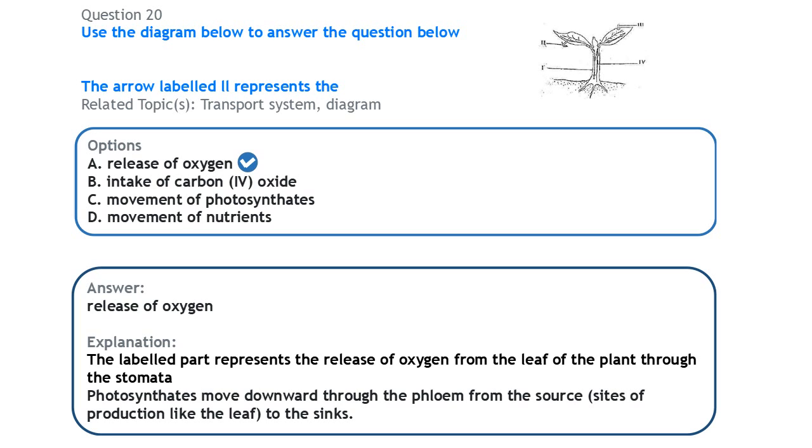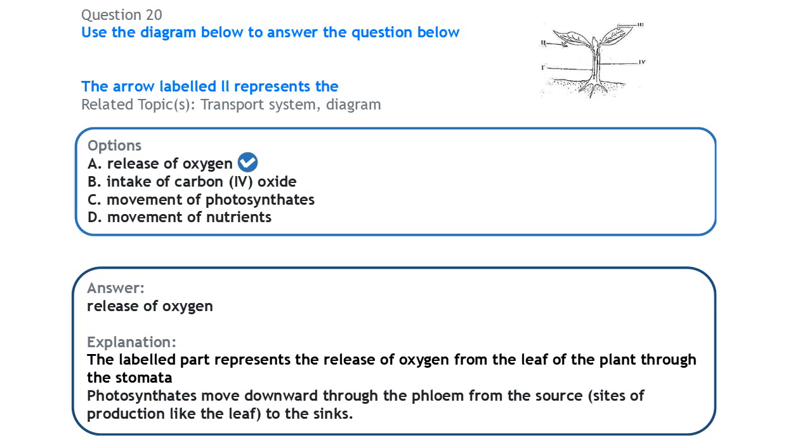Now the part II here, which is the question, you can see the arrow is pointing away from the leaf, or from the plant, meaning that the substance is moving outside the plant. If you look at the options here, that would be the release of oxygen, because oxygen is a respiratory gas in plants that is released, while carbon dioxide is taken in.